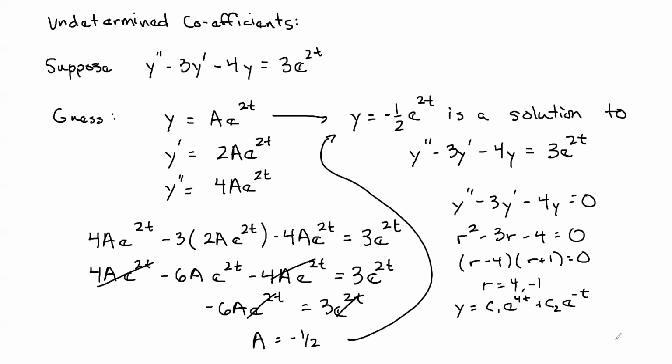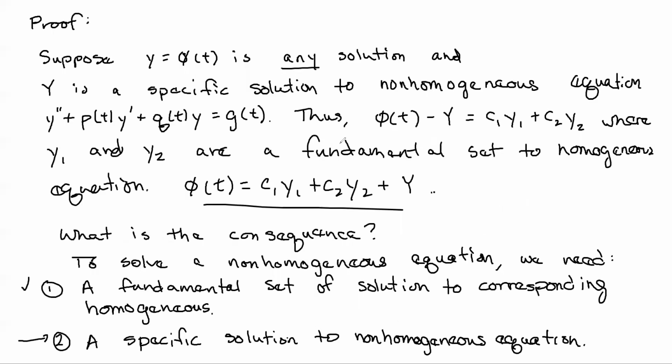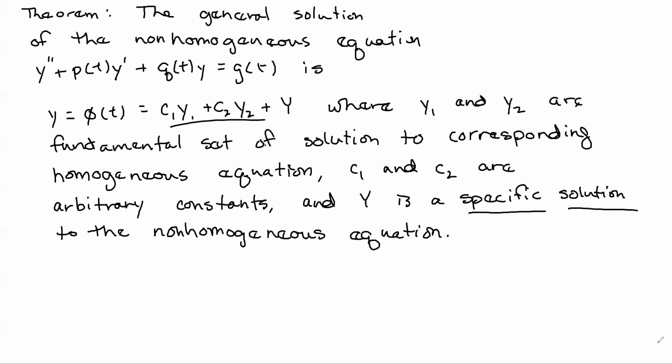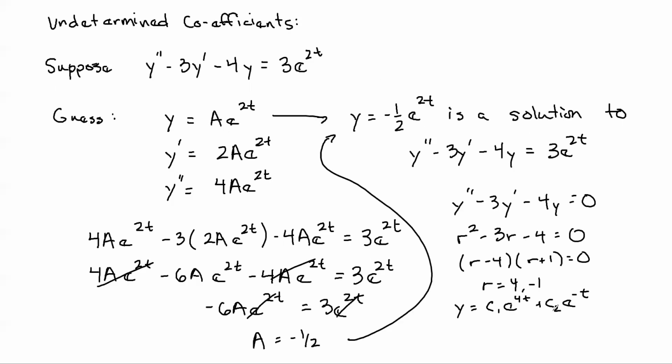Okay, and then what this theorem here says is take your solution that you just found, combine it with the solution to the homogeneous, which is defined by the fundamental set e to the 4t and e to the negative t, and then you can get the solution to the non-homogeneous.